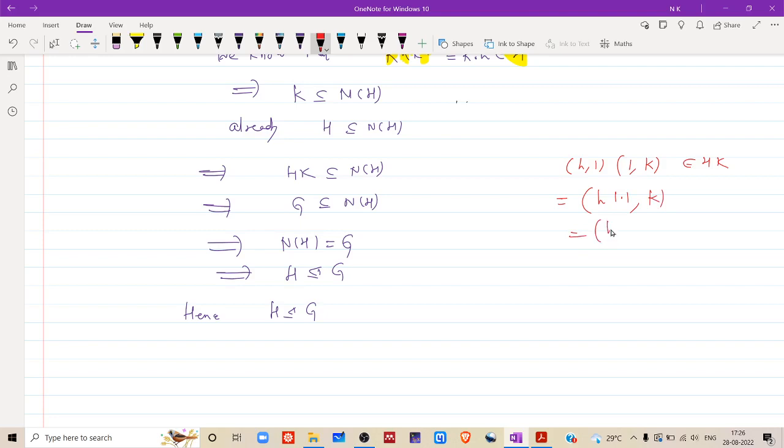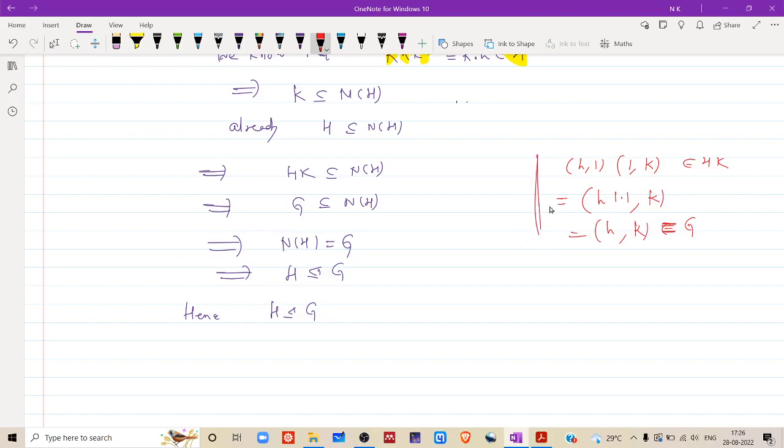So h into 1 is h, so that is (h, k), and this belongs to G, right? So simply you can find that HK is a subset of G. Every element is an element of the group. Okay, so that's why G is equal to HK. So in fact HK equal to G, that is the point.